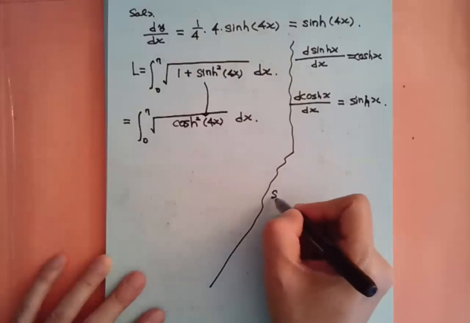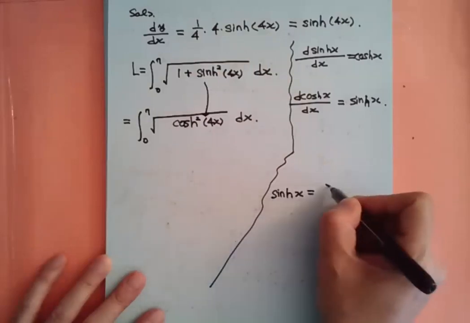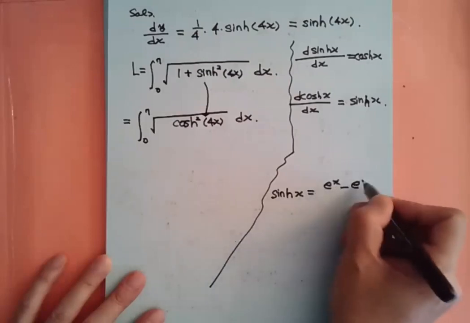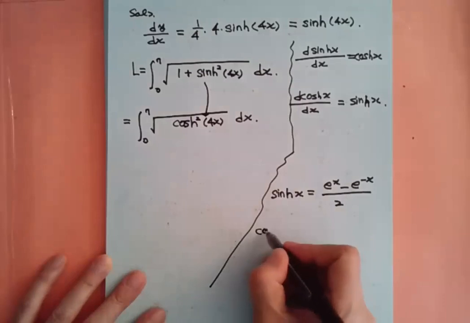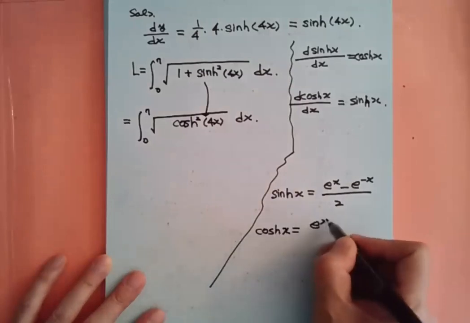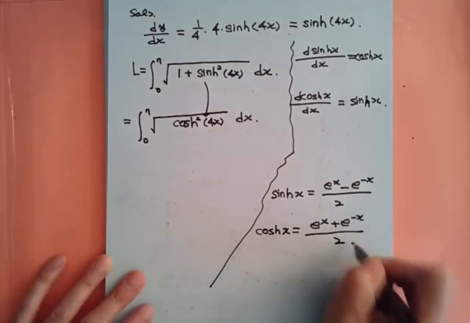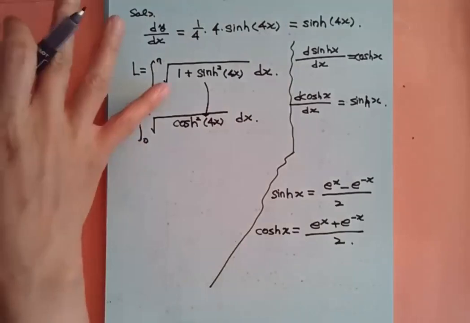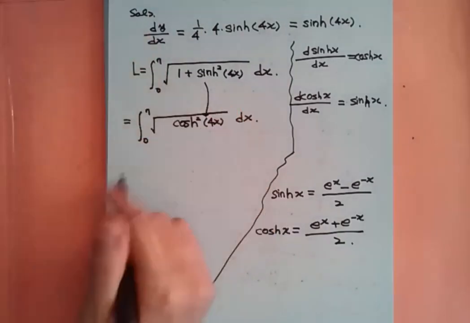If you want to verify, the hyperbolic sine of x is e to the x minus e to the minus x over 2, and hyperbolic cosine is e to the x plus e to the minus x over 2. And then if you just calculate, then you will get this.